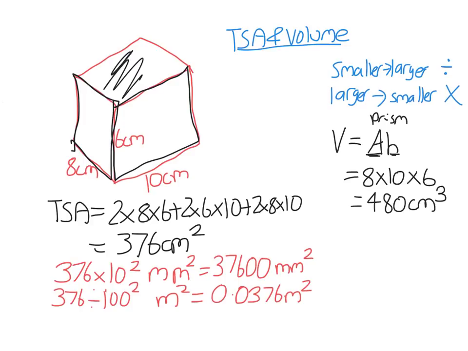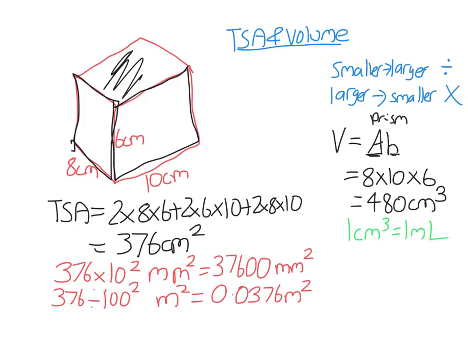So this time it's cubed because we're in volume. So let's say I wanted to convert that into capacity. So the only difference between volume and capacity is the units. Volume is centimeters cubed, meters cubed, or whatever. Capacity is like liters, milliliters. So the rule for converting to capacity, 1 centimeter cubed is literally the same thing as a milliliter.